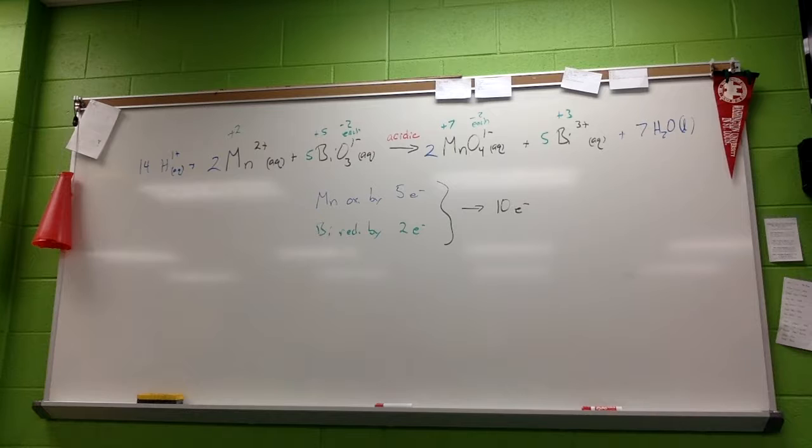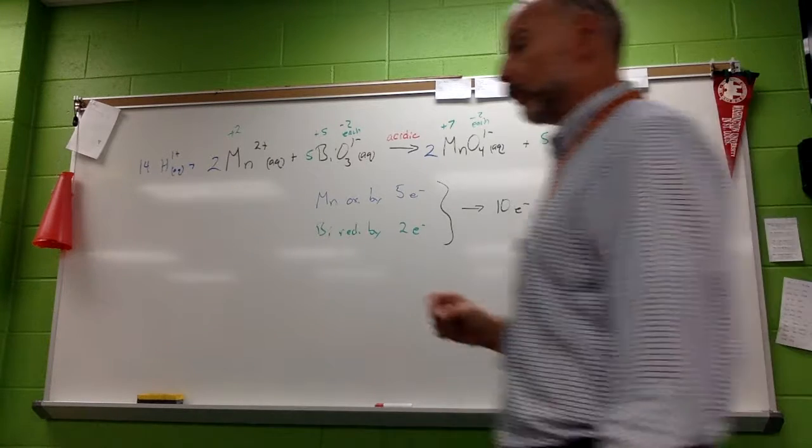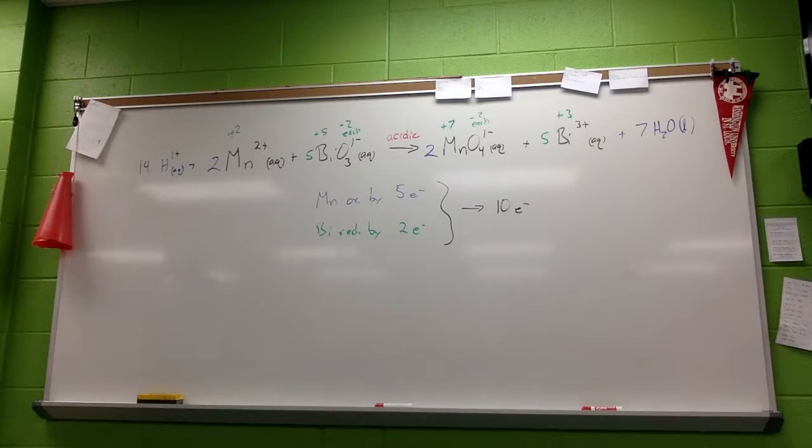Now, there is something that I forgot to do on the previous 2 reactions. I'll do it here. When we're balancing redox reactions, not only do the atoms have to balance, clearly, the charge, the transfer of electrons has to balance, and the net charge of the entire reaction also has to stay balanced.